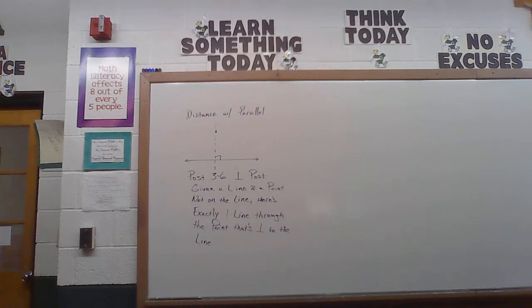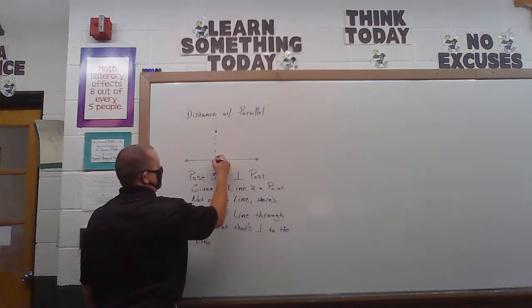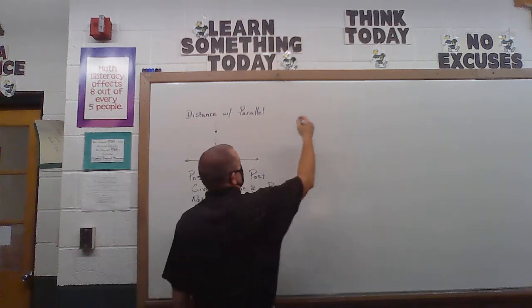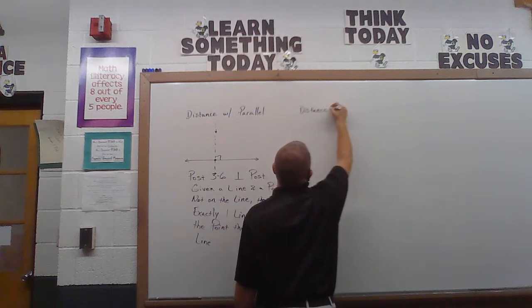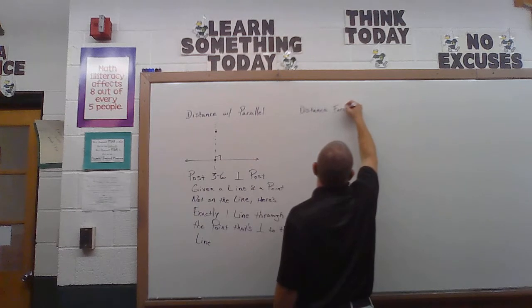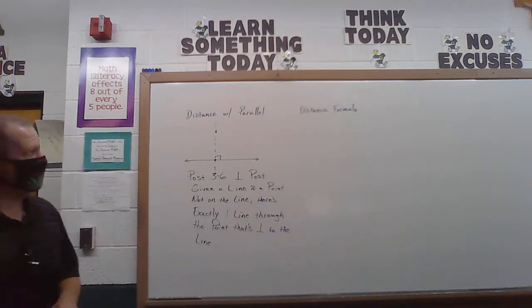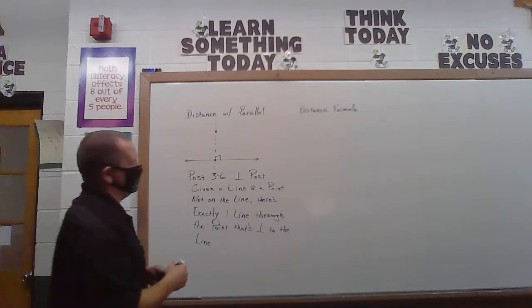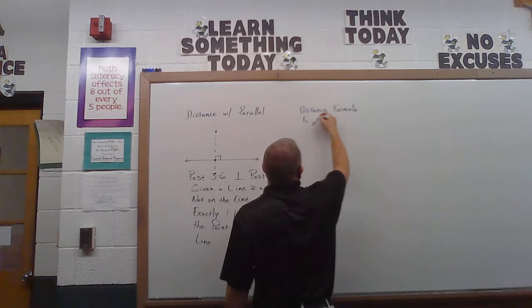And again, like I said, you could use constructions, but probably what we're going to try to do is, if we can figure out what this point is right here, we're going to probably use the distance formula. Now, if you take the time to graph this and figure out where the actual point of intersection is, you can actually do something that's a little easier than the distance formula.